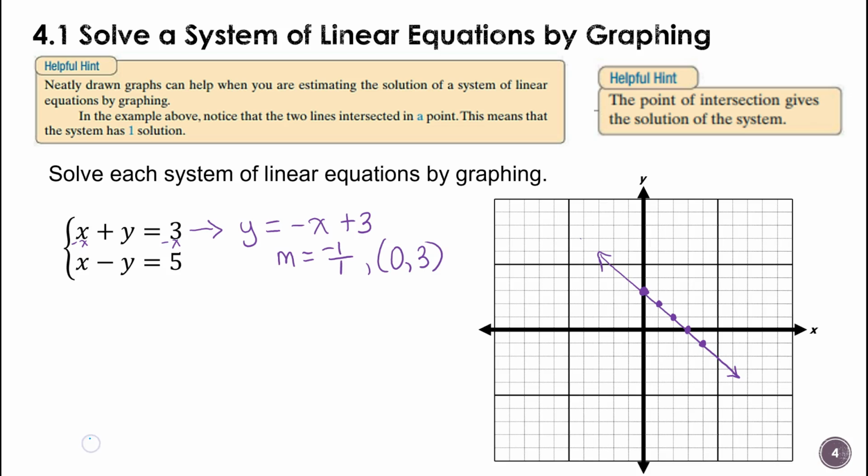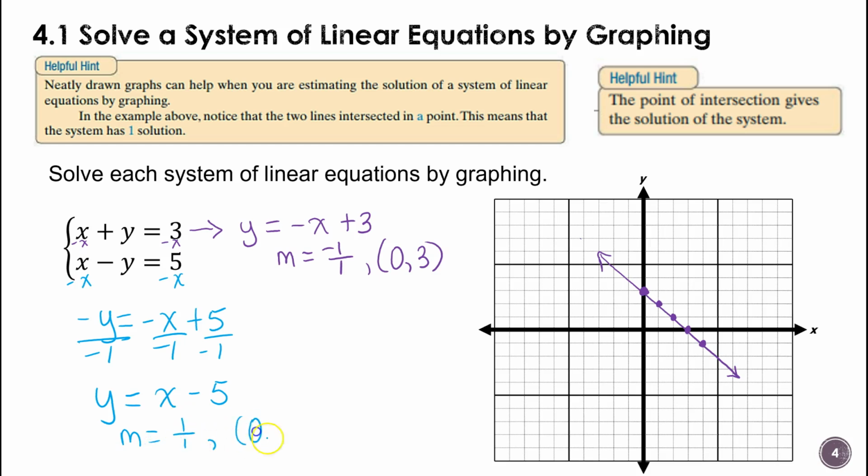Now I'm going to work with a different color. On the second equation, I'm going to subtract x on both sides and then divide everything by -1. So y equals 1x this time minus 5. So I have a slope of 1 over 1 and an intercept at 0, -5, because remember y equals mx plus b.